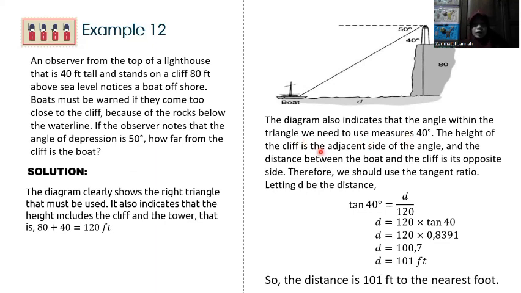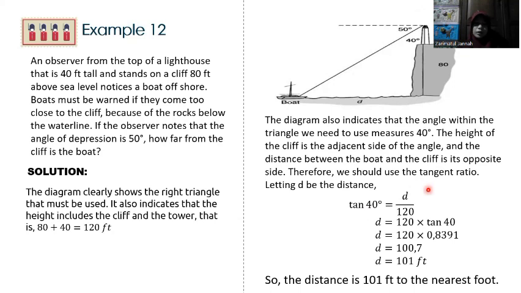The height of the cliff is the adjacent side of the angle. The distance between the boat and the cliff is the opposite side. Therefore, we should use the tangent ratio. Tangent of 40 degrees equals D per height.